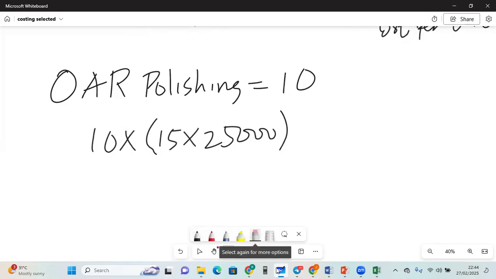Or better still, you can take the brackets off and it will still be the same.